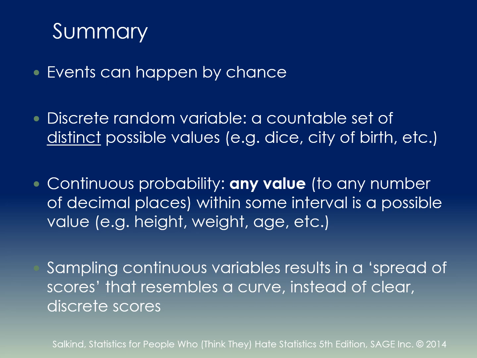And so we begin to take a look at continuous probabilities not as discrete values, but rather as dispersions of scores, and we see that with histograms. Right. So sampling continuous variables results in a spread of scores that, as we're going to see, begins to resemble more of a curve, instead of clear discrete scores.